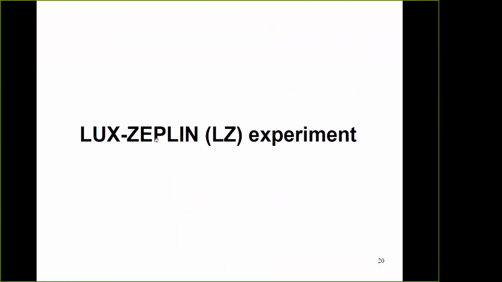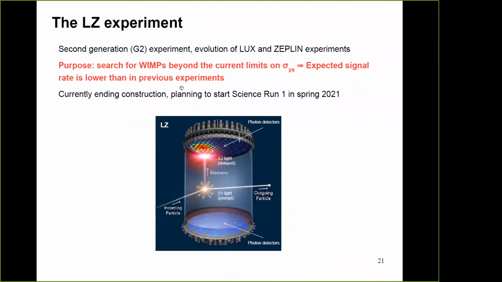Now, at this point, I'm going to focus on one experiment using a dual phase xenon TPC, which is LUX-ZEPLIN. This experiment is a second generation experiment, a continuation and evolution of the LUX and ZEPLIN experiments. These proved to provide very good results, and merging them, we are producing this new, more sensitive experiment.